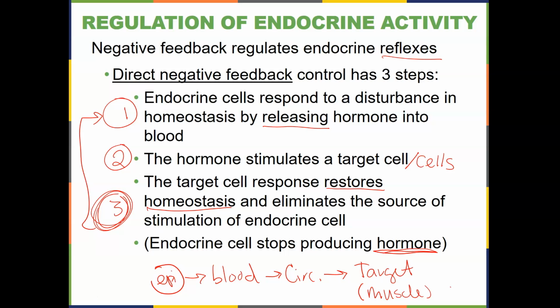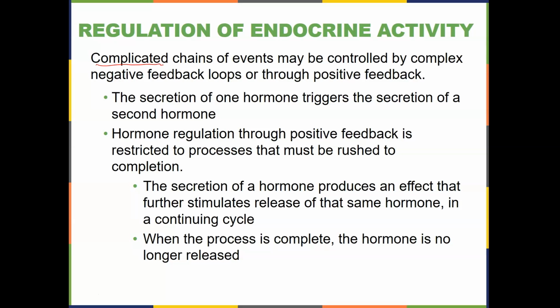Now, in the case of sugar regulation, it's obviously a lot more complicated than that. So the secretion of one hormone usually triggers the secretion of a second hormone or a change, and that's delta, remember, change from math, delta, in cell metabolism.